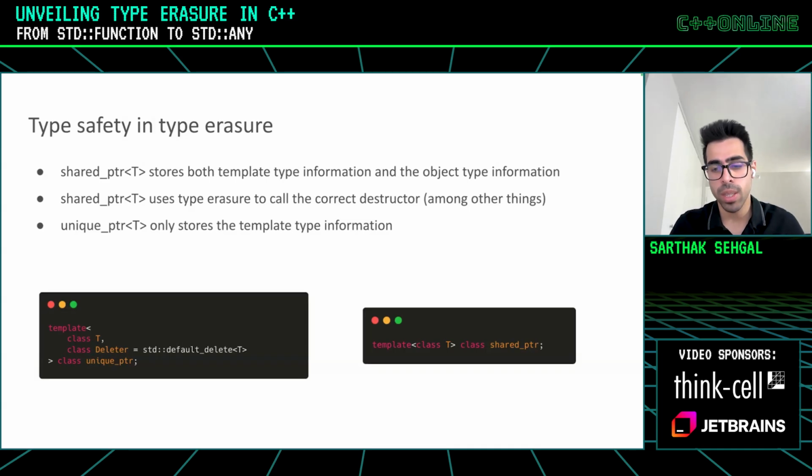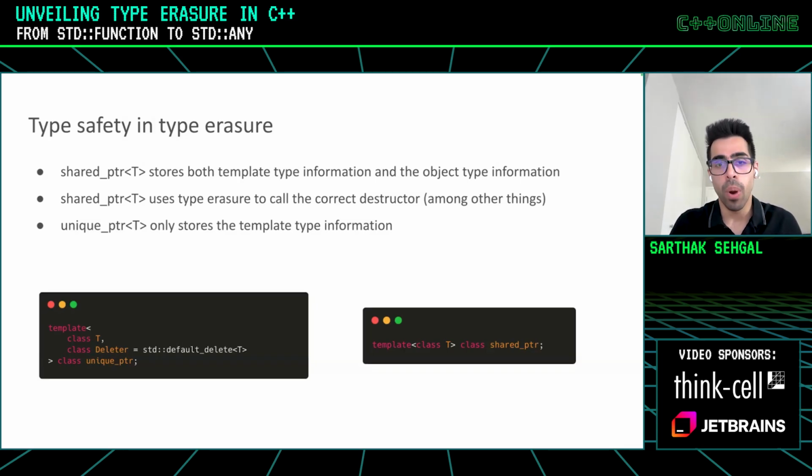As I say this, you can start to think that in the case of stored function, the first step was to create a constructor which can be constructed using any type, as long as the type meets the criteria of a specific function signature.